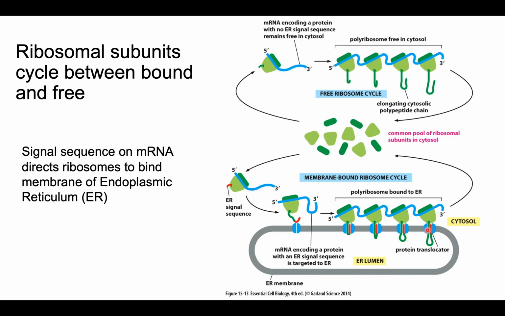It's putting this protein directly into the ER lumen. So ribosomes cycling around. As soon as this protein is finished translating, it can dissociate and go back to the pool. So again, it's the signal sequence on the mRNA itself that gets translated that brings the ribosome and the RNA to the ER.